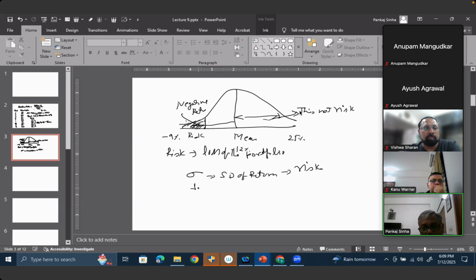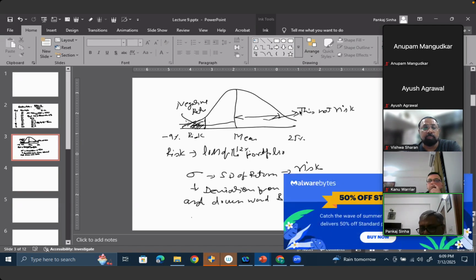Since it is a deviation from mean, upward and downward, both. So upward is not my risk. So we need some measure to correct this. So sigma is not a correct measure of risk.